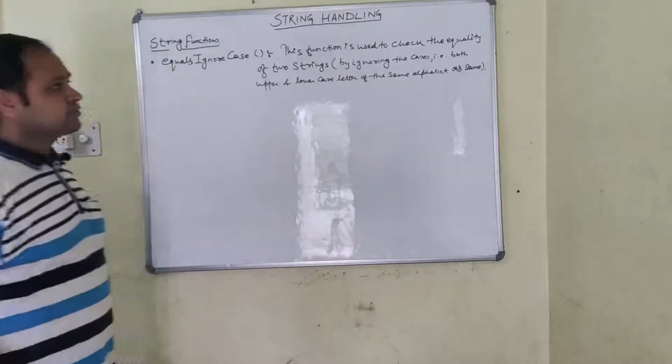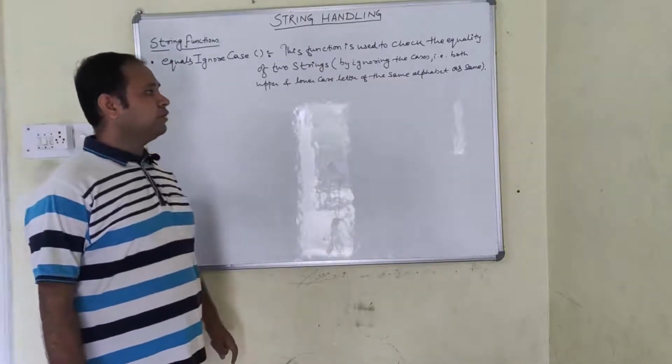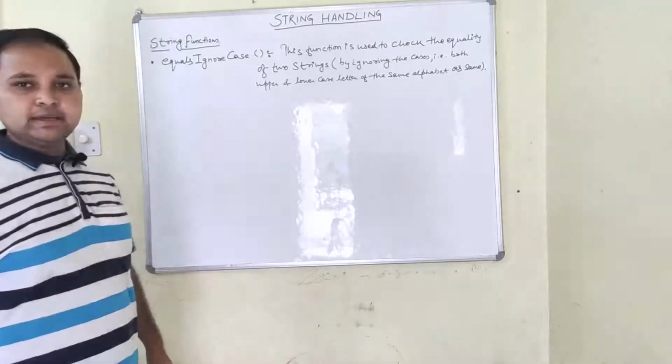So this function is used to check the equality of the two strings by ignoring the cases, that is both upper and lower case letters of the same alphabet as same.